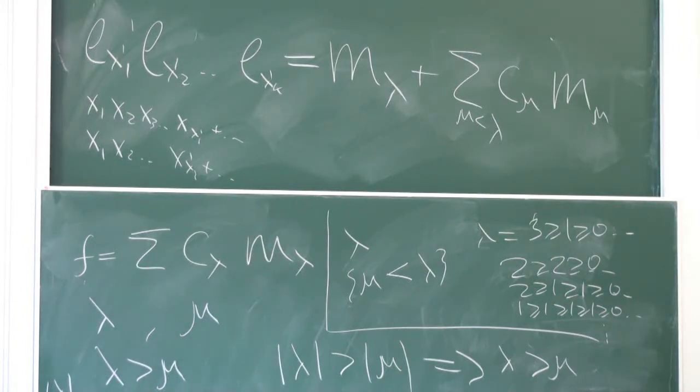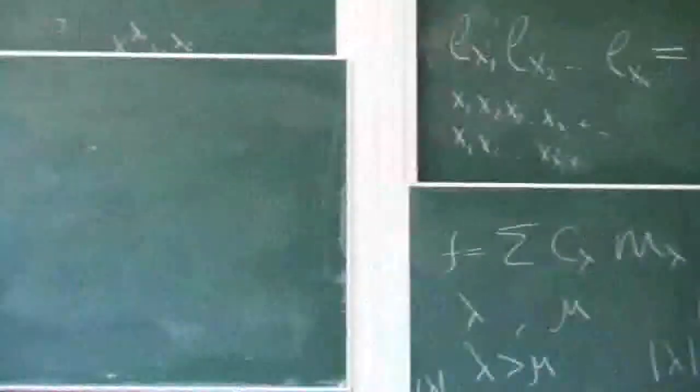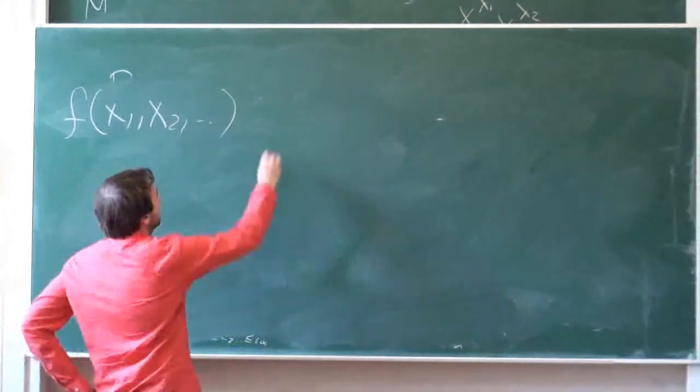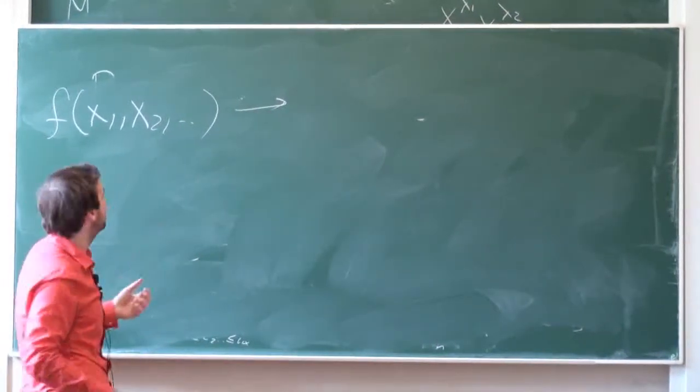If you have some symmetric function in infinitely many variables, say f of x1, x2, and so on, then you can always specialize all variables except finitely many into zeros.